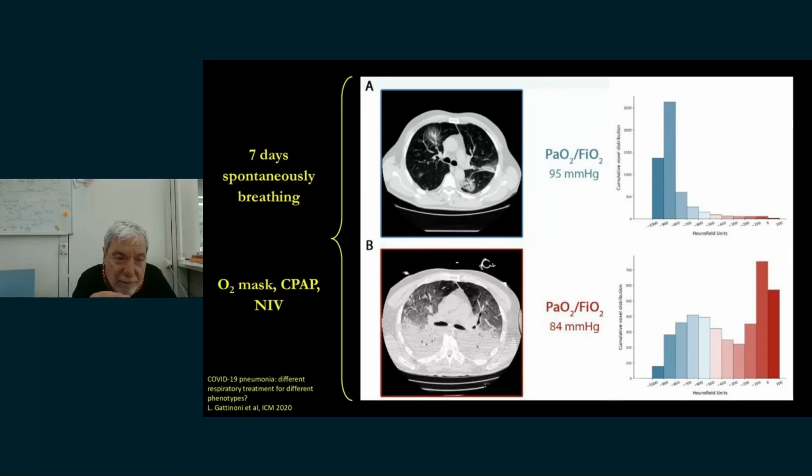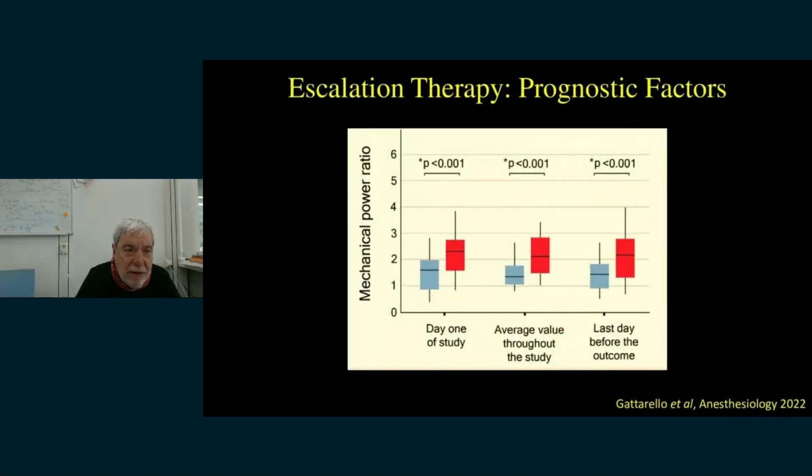Exactly as happens in the sheep of Kolobov and so on. Because we left this patient excessive spontaneous breathing. And I think a fraction of patients during COVID had this kind of problem.